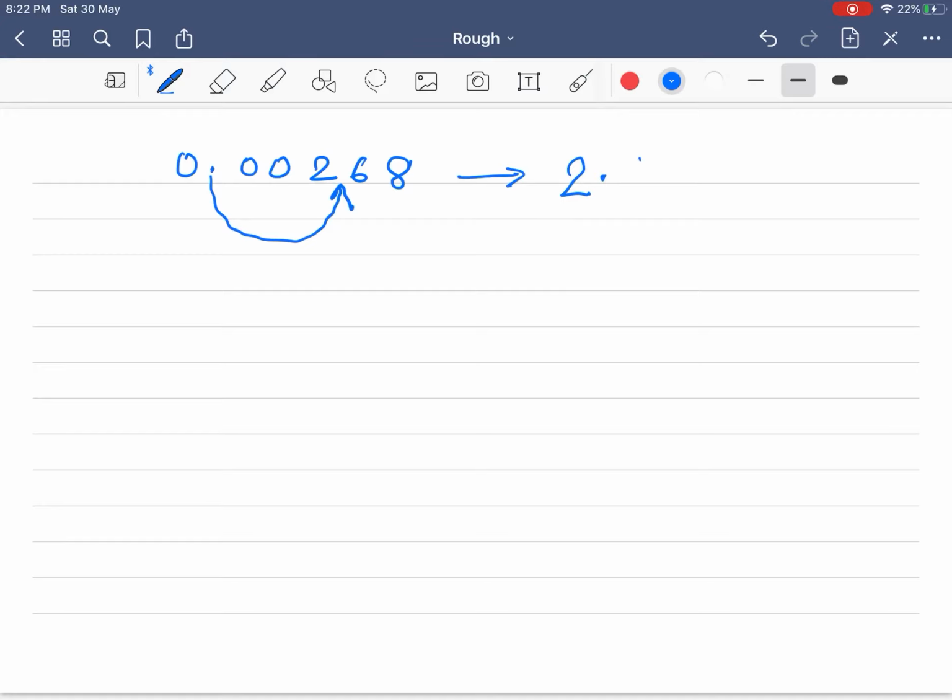Okay, then 2.68. Then count the places: 1, 2, 3. That means minus 3.